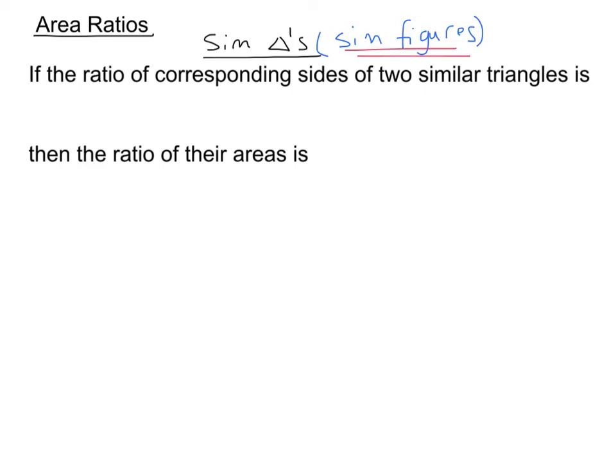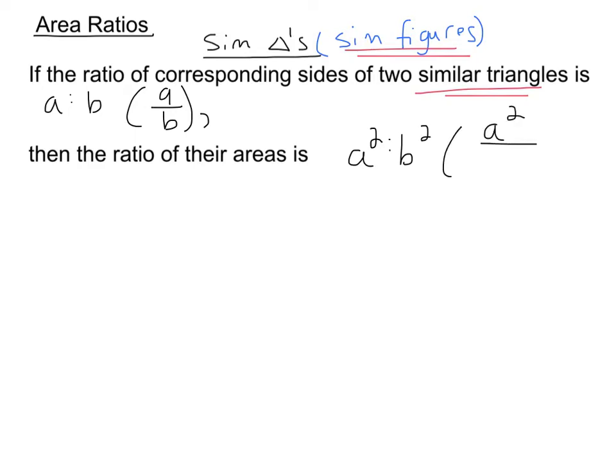If the ratio of corresponding sides of two similar triangles is, let's say, A to B, keep in mind that ratio could be written as a fraction, then the ratio of their areas, and this only happens in similar figures, you really want to underline that, will be A squared to B squared. So this rule happens in all similar figures.